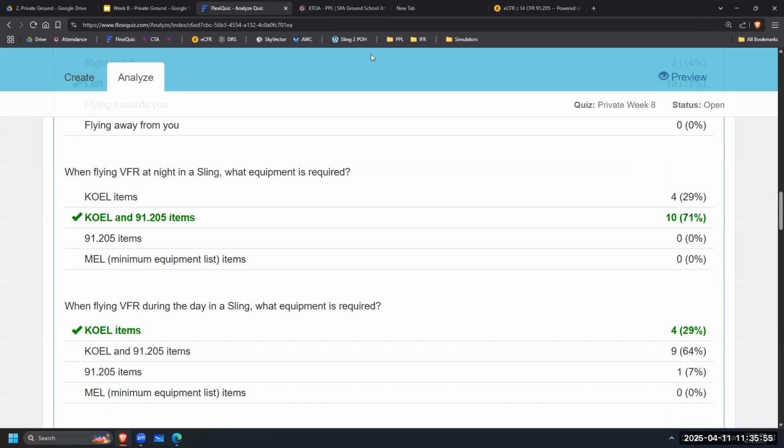If I'm missing the fire extinguisher, can I go fly? Why not? Not part of your safety. You cannot go fly because that's part of the KOEL. Yeah, that's why you check for the fire extinguisher during the pre-flight.